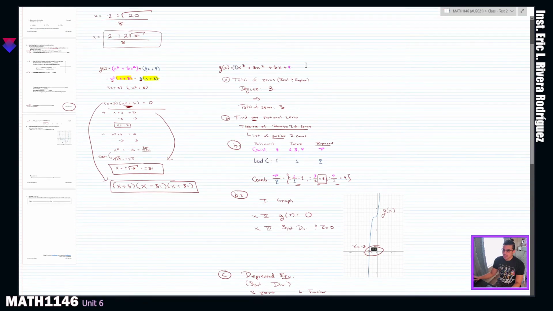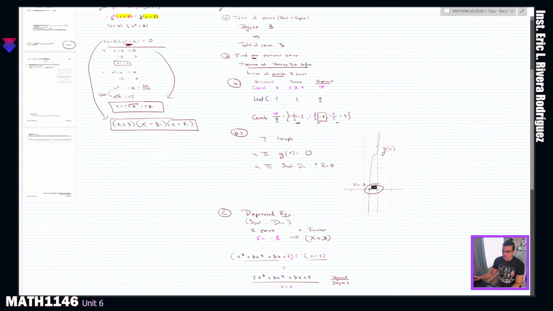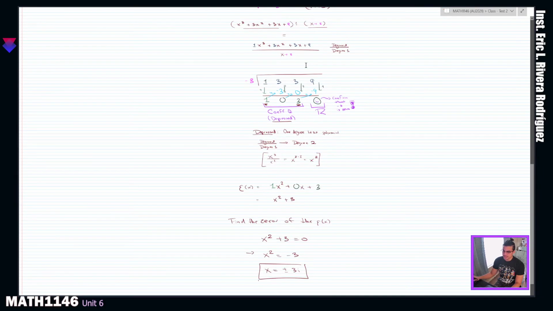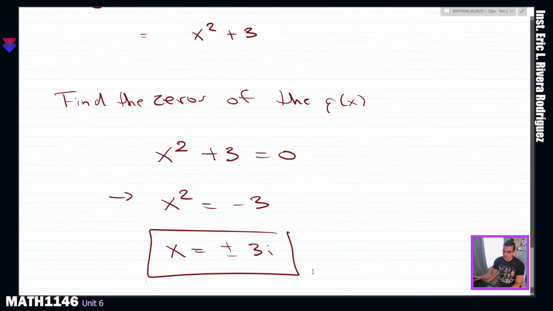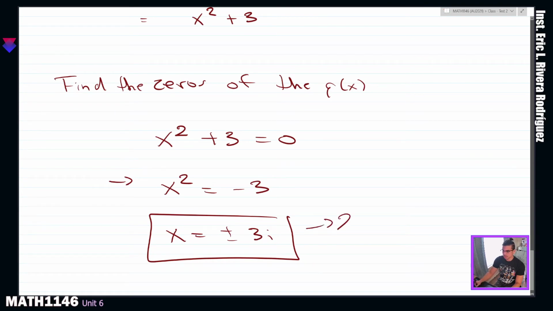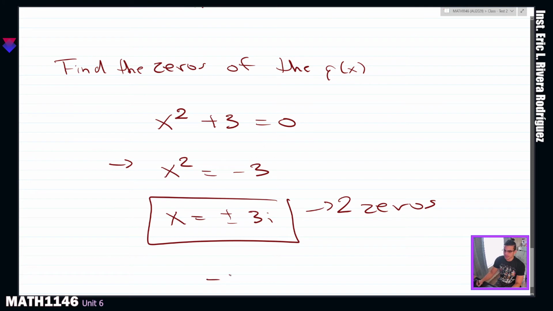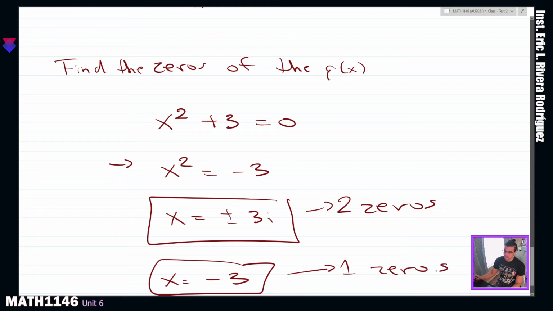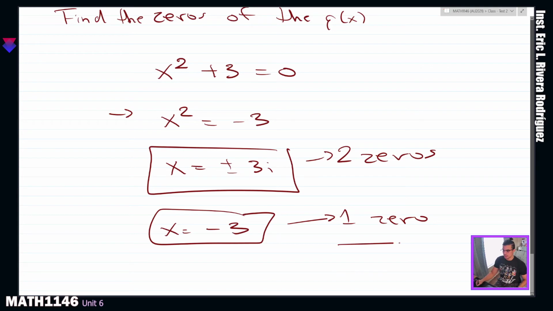So if our goal was to find all the zeros, we have done that, because here we have 2 zeros, and the other one that we have found is negative 3, which is 1 zero. So in total, we have the 3 zeros of that polynomial.